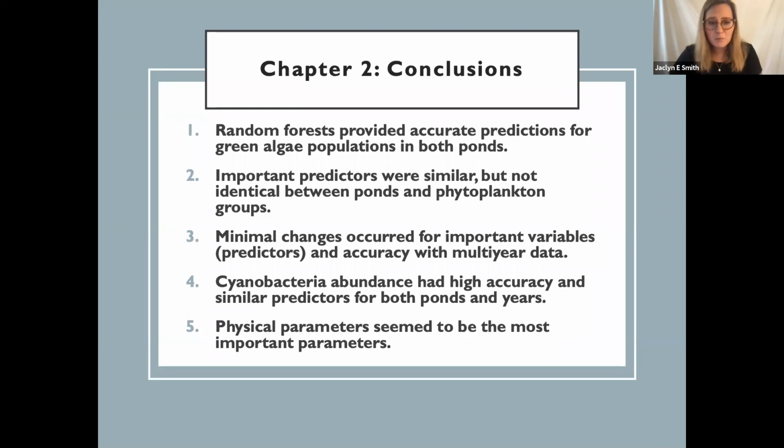As well, minimal changes occurred in these variables and even the accuracy when we added in the multi-year data. So a single year wasn't necessarily better than having 2 years' worth of data run. And cyanobacterial abundance had really good accuracy and similar predictors for both ponds and years. And I think the most important one here is these physical parameters seem to be the most important parameters for all of the random forests.